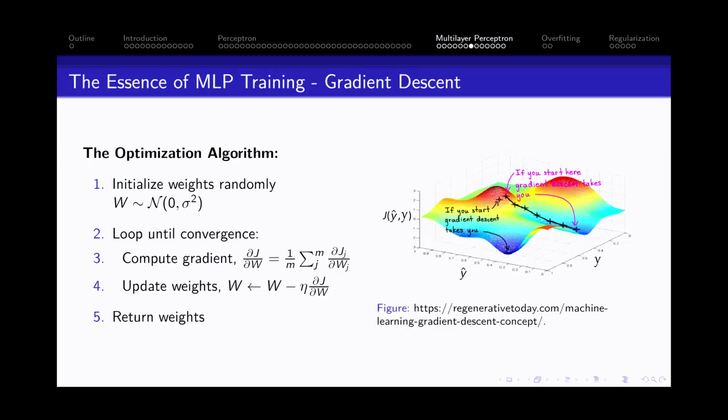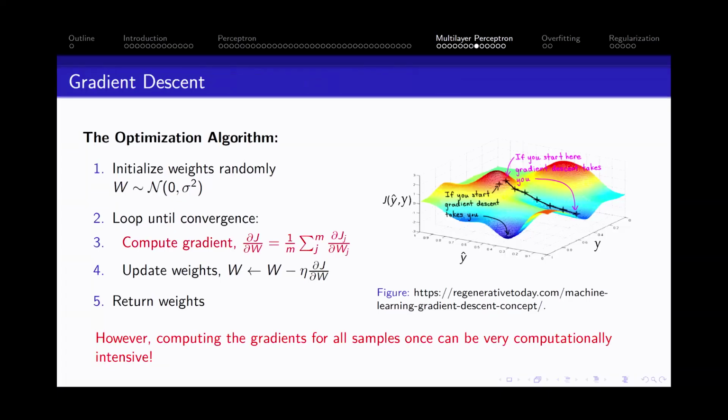An optimization algorithm is going to initialize the weights randomly, then loop until convergence by calculating the Jacobian for all samples or training examples with respect to the weight on each single neuron. If you do that until you have updated all weights, this is what we call gradient descent, which is very common but an old method for optimization that you can choose.